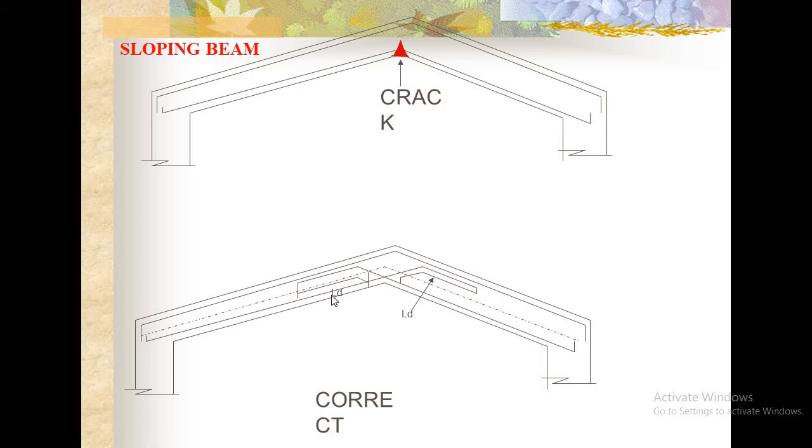The bottom bar has to be extended, and an additional bar also needs to be provided here to bend up like this. A development length bar has to be provided here like this. This is the correct method for providing the reinforcement at a sloping beam.